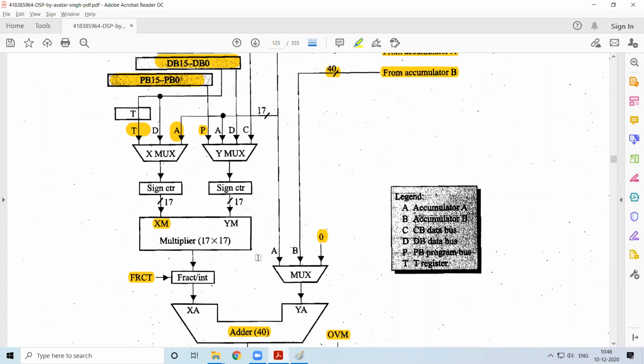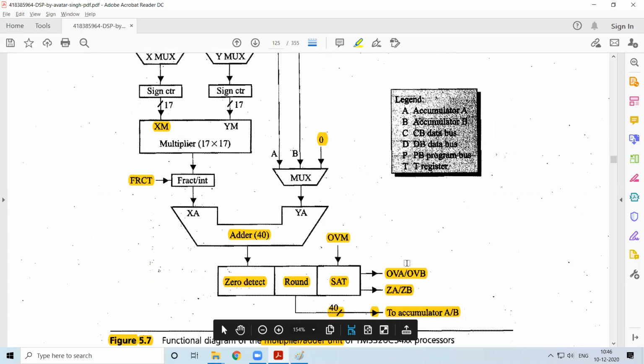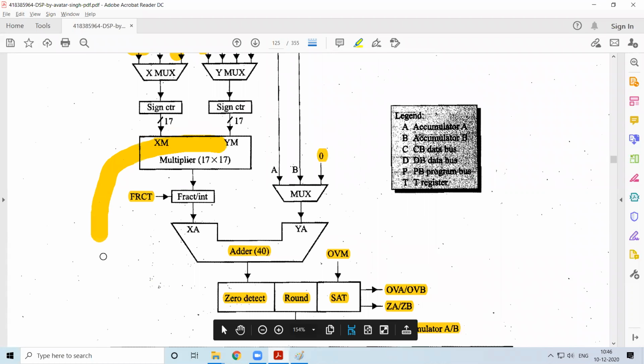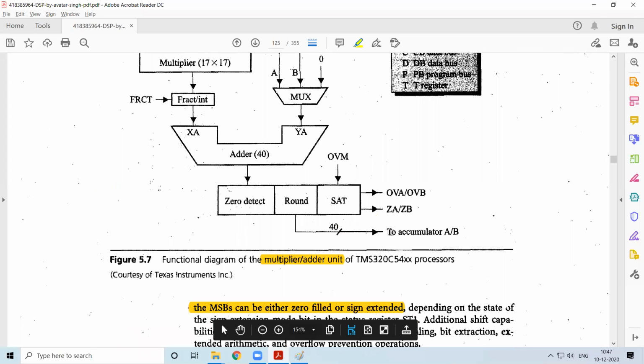Here you are using the ALU, which is an adder of 40 bits. So here you are performing basically the multiply and accumulate operation. This is how it goes around.